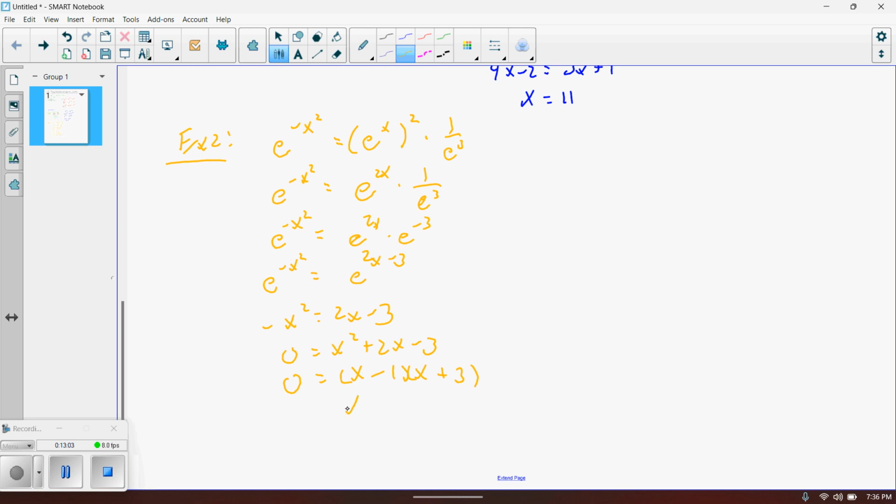So we get values of x equals 1 or x equals negative 3. And in this case, you are going to want to double check just to make sure that those actually do indeed give you the actual exponents. If you plug in 1 and negative 3, it does actually work. So that is your solution set in this case.